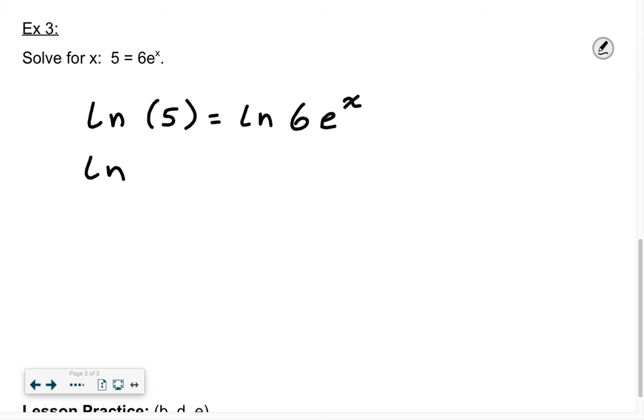And now, before we can bring that x down, what we actually need to do first is separate them out. We're multiplying between the two of them, so we separate them out with our addition property. And now that we're down to that single base, now we can bring the exponent down.